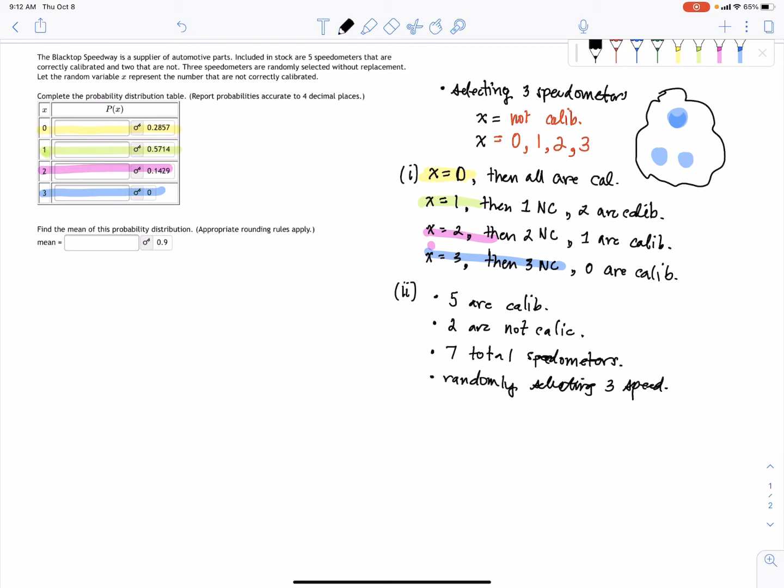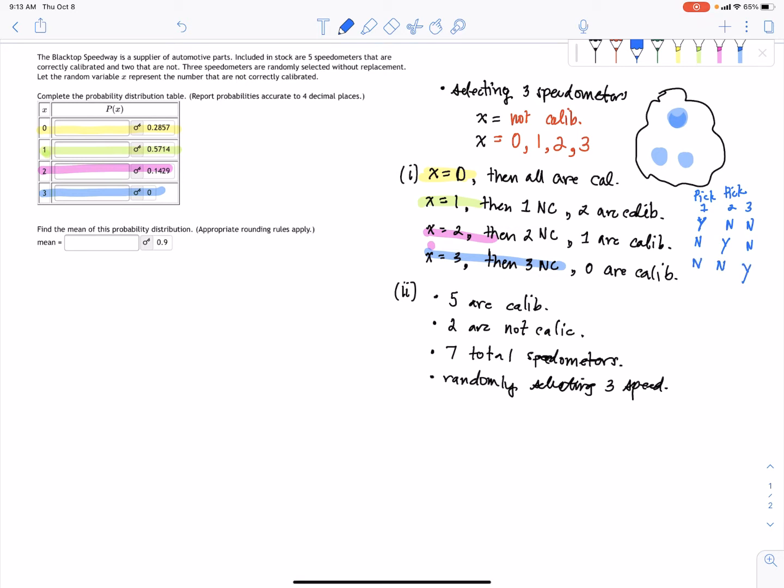For example, if my first pick is not calibrated, and my second one is not calibrated and then calibrated. But couldn't my first pick be not calibrated and then the second calibrated and then not calibrated? Right? And then couldn't it be calibrated, then not, and then not, right?